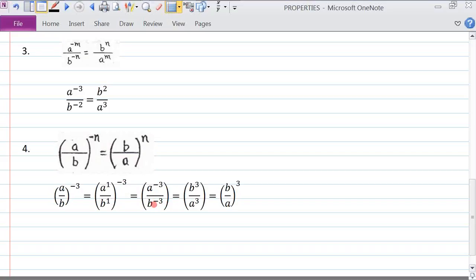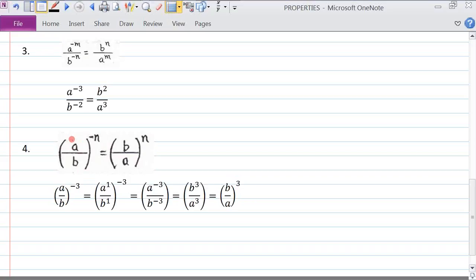Now we're going to flip this, put the b to the minus 3 over here, and it becomes b cubed. The a to the minus 3 here becomes a cubed, and now we can write this as b over a cubed. So a over b to the minus 3 becomes b over a to the plus 3.